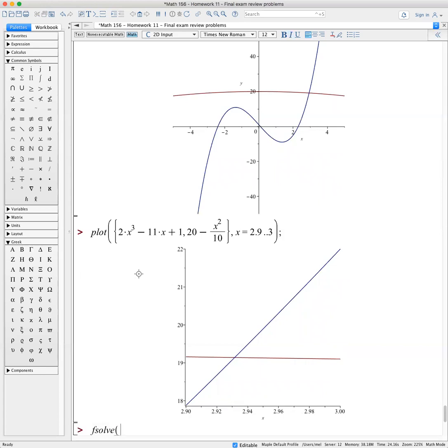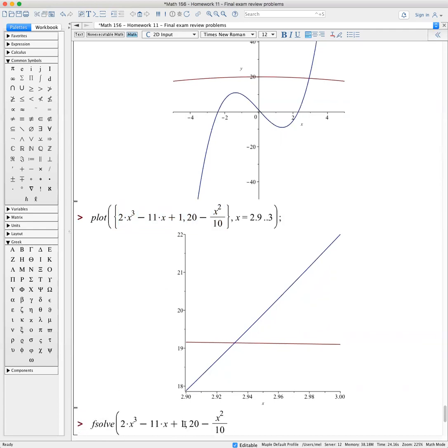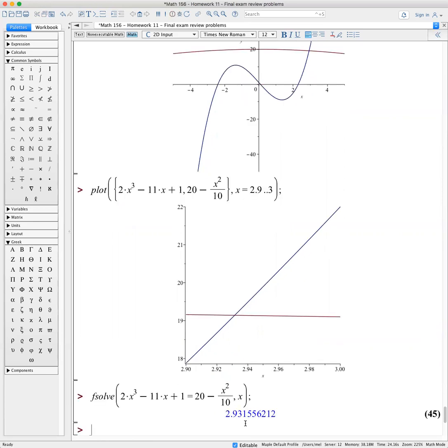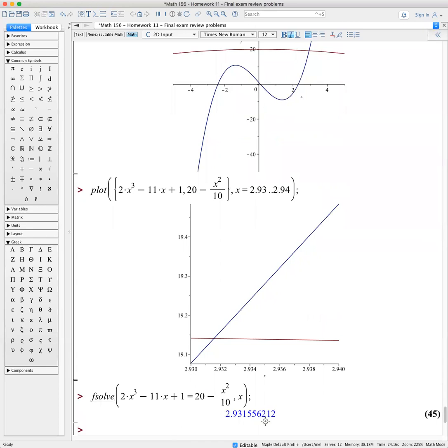So we want to solve the equation to find where these two curves intersect. One is the cubic curve equal to the quadratic, 2.931. Yeah, right in here, 2.931 something.